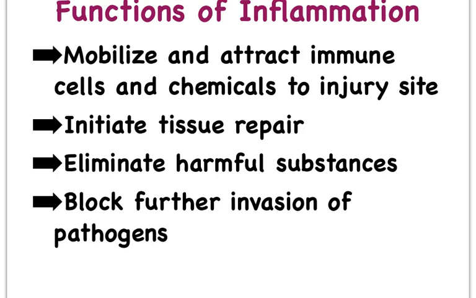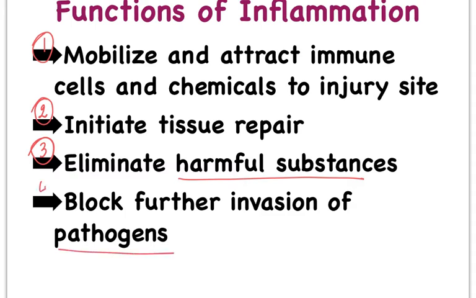First of all, it's going to make sure that the immune cells and the cells responsible to deal with the inflammation are going to be attracted to the site of injury, and they're going to release all kinds of chemicals. This is then eventually going to lead to tissue repair and eliminate whatever is causing the inflammation, whether it's harmful substances or the pathogens, and even prevent further invasion of those pathogens. So you could argue that that's a fourth function.